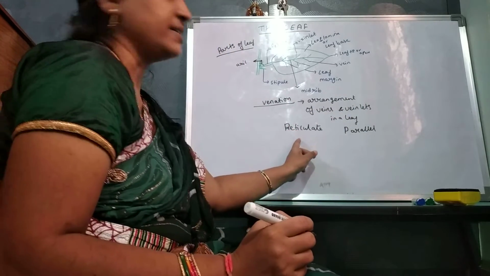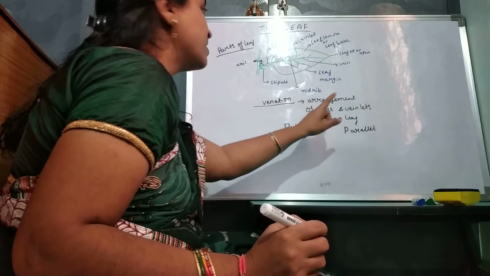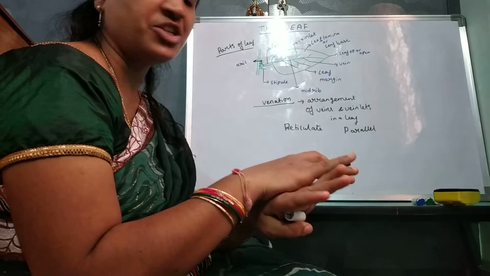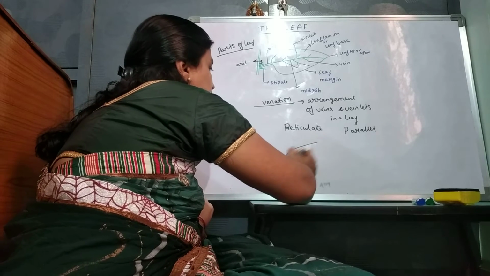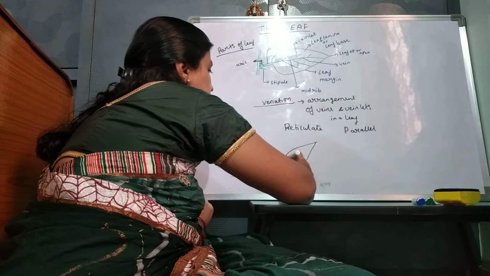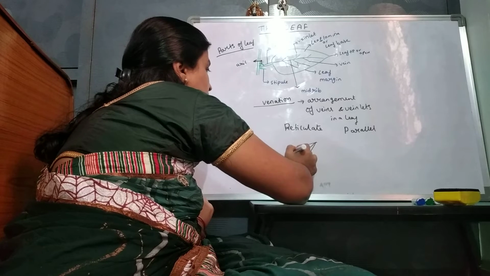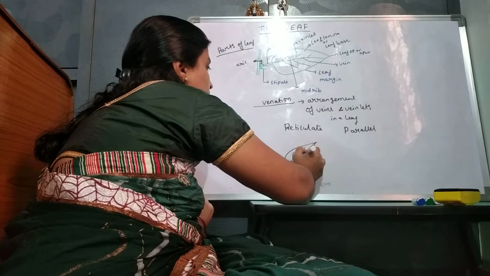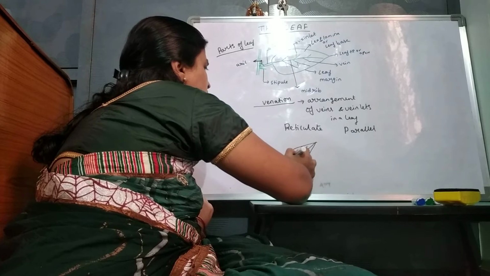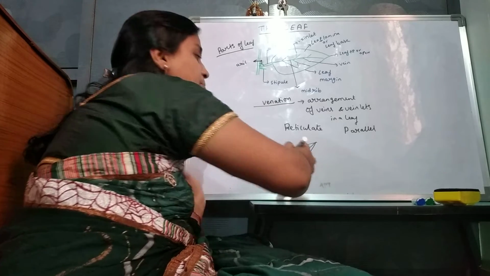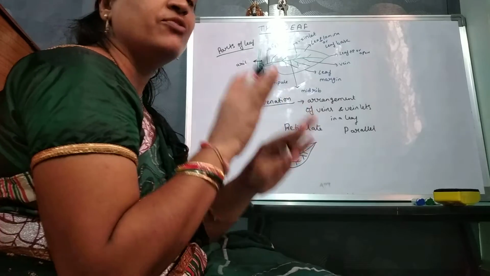The name itself says it: reticulate means the veins and veinlets are arranged in such a fashion that they form a mesh-like structure. If you take a leaf, this is the midrib, then veins, then veinlets, like this. Throughout the leaf lamina they are present and form a mesh-like structure.